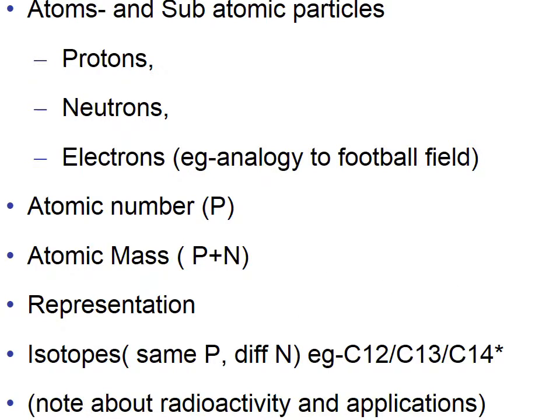Okay, then we move on to another term called isotopes. What do I mean by isotopes? To understand this, first you must know that if you have carbon, the atomic number for carbon is 6.